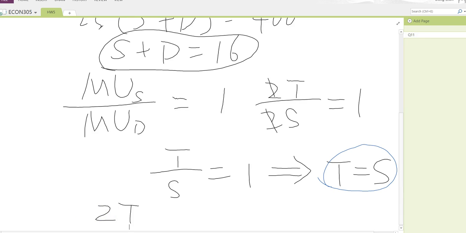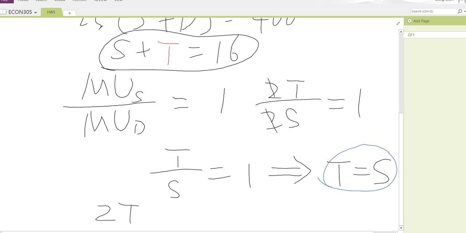I should have used T, but instead I used D. That's just a typo, so let me correct that here. So this should be T. So T equals S.